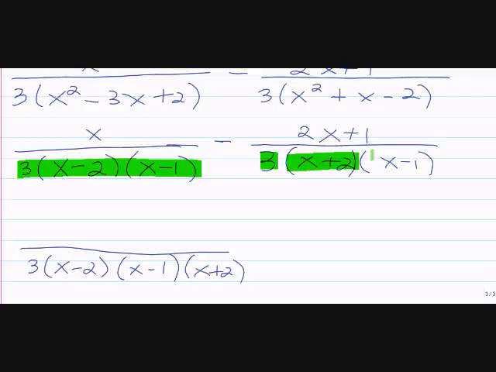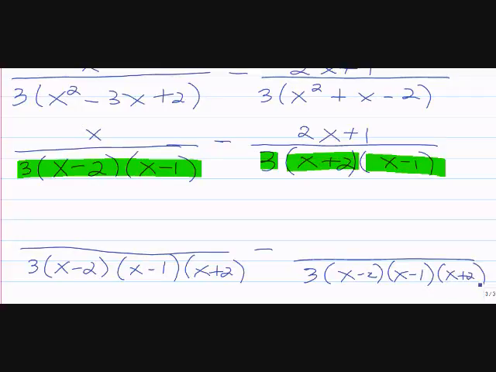And the x minus 1 was already there. Don't need to add it again. So my common denominator has to be 3 times x minus 2 times x minus 1 times x plus 2. Okay? Now I got to go back and do the fancy stuff.